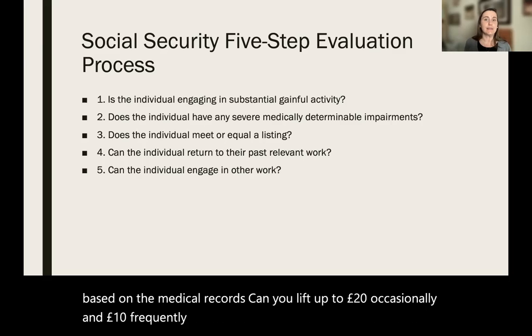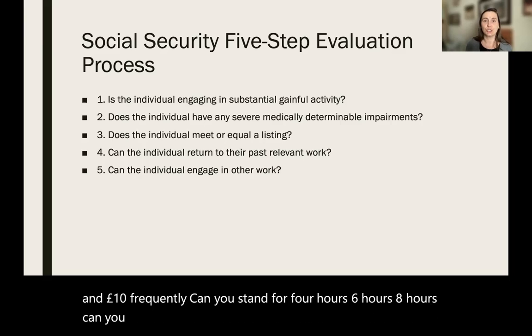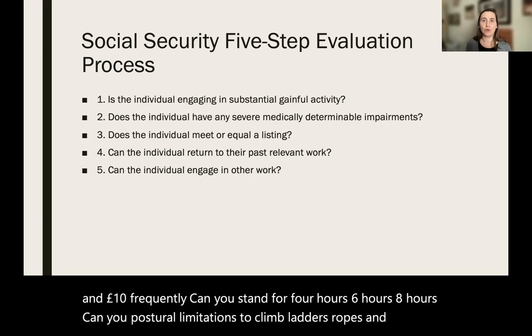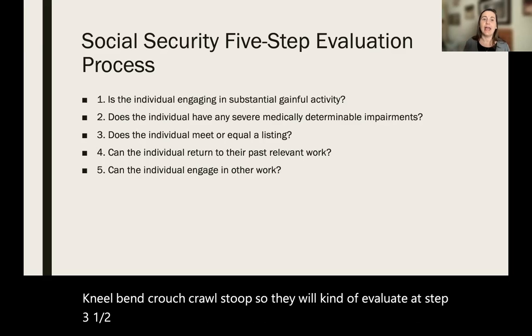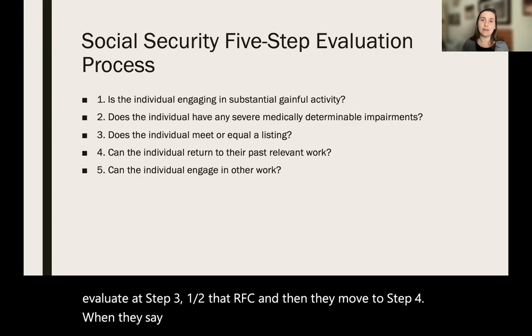Can you stand for 4 hours, 6 hours, 8 hours? Can you, postural limitations, climb ladders, ropes, and scaffolds, kneel, bend, crouch, crawl, stoop? So they will kind of evaluate at step 3.5 that RFC. And then they move to step 4 and they say, okay, the individual has this RFC.